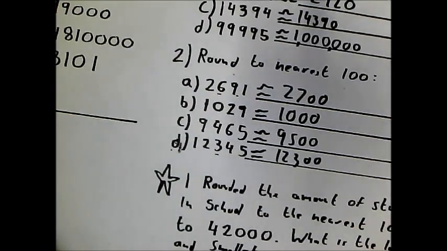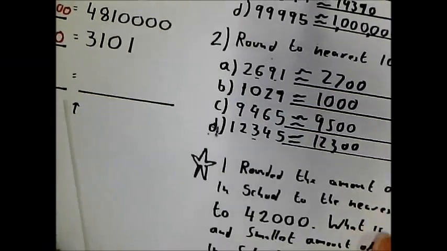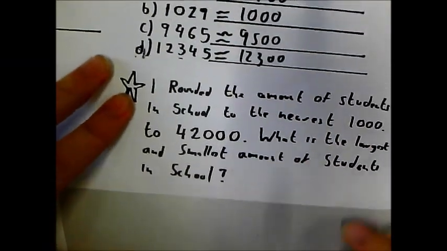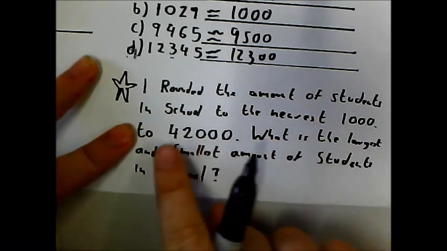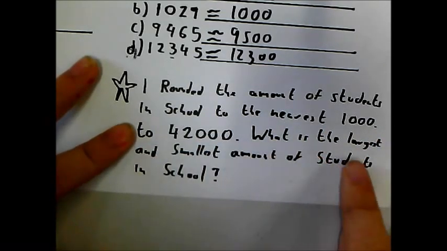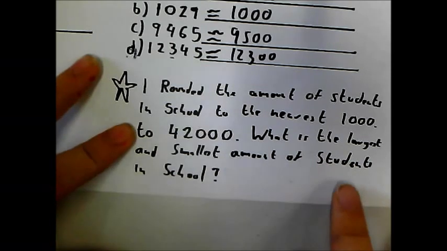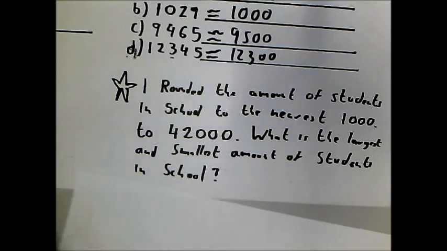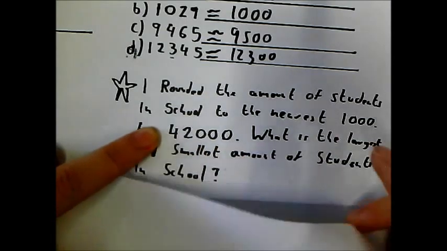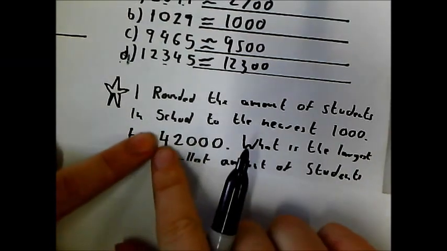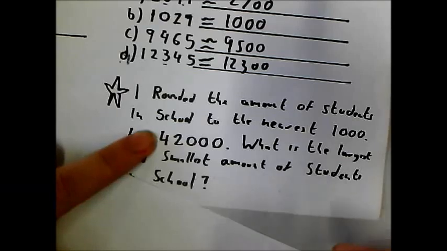Okay, let's finish off by looking at the final part, which is the extension question. So I've rounded an amount of students in a school to the nearest 1,000, and I get to 42,000. What is the lowest and smallest amount of students in the school? So this is my rounded answer to the nearest 1,000. So I need to think, what numbers would round to this, to the nearest 1,000?